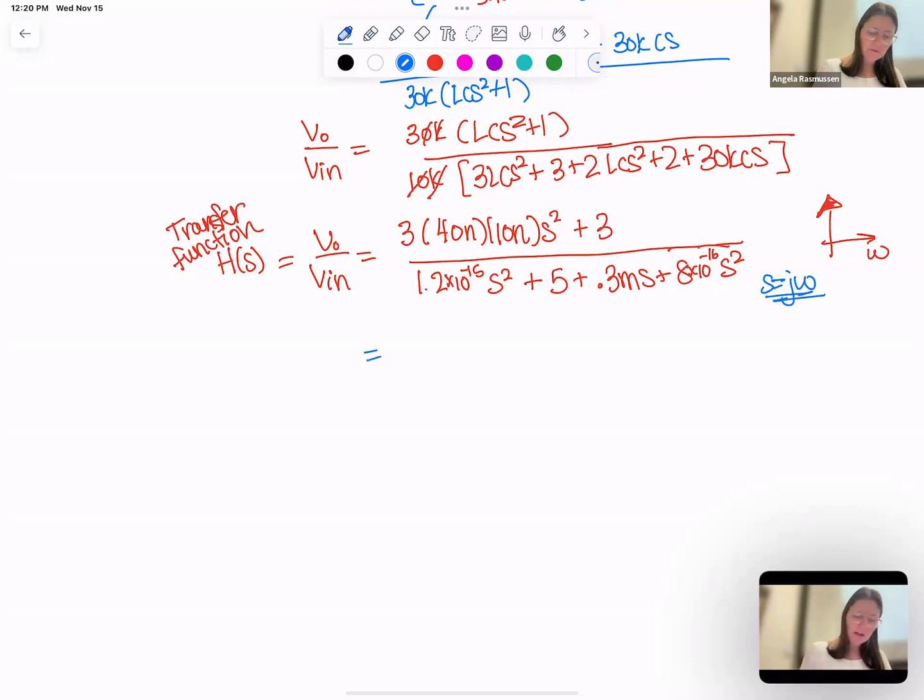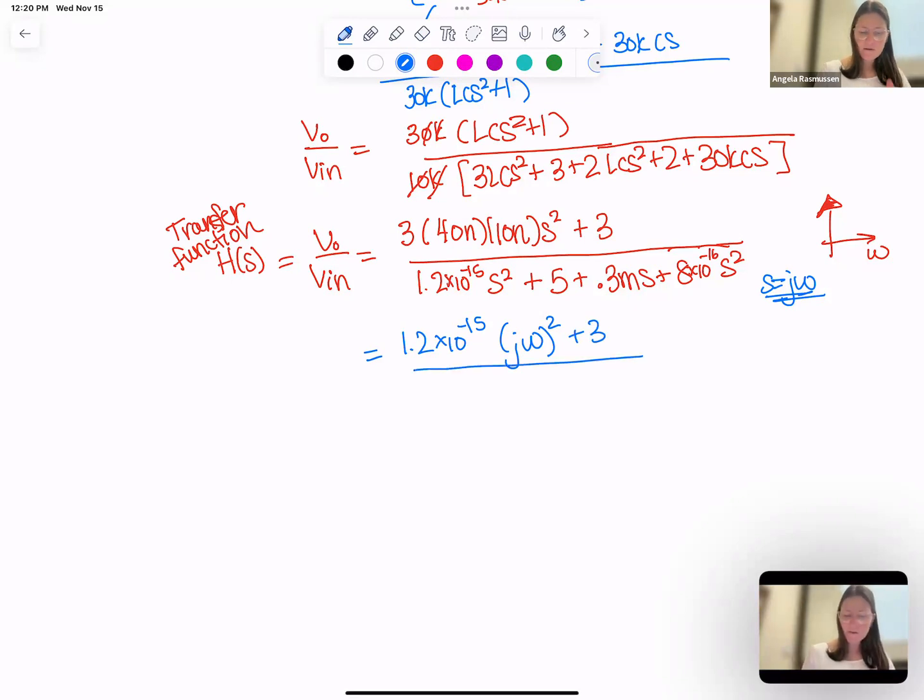Then I can rewrite this as 1.2 times 10 to the minus 15 J omega squared plus 3, 10 to the minus 15 J omega squared.